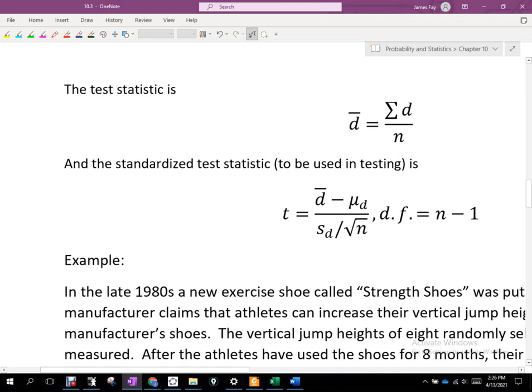So we take D bar, your observed mean in this case, minus the hypothesized mean or the expected mean, divided then by the standard error. And this is how I find standard error for a t-distribution. Okay, so it's a formula hopefully that we have seen before.